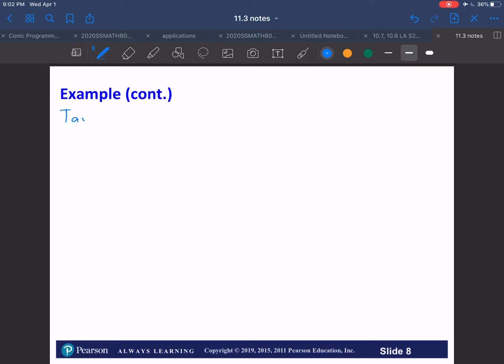The Taylor series for 1 over 1 minus 2x is the sum from k equals 0 to infinity of f^(k)(a) divided by k factorial times (x minus a) to the k.